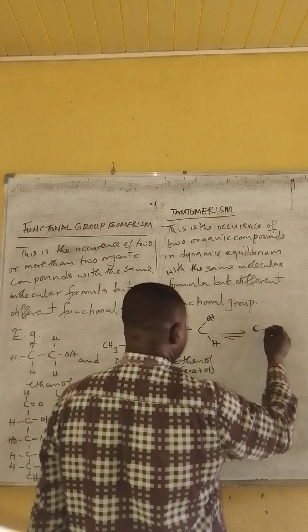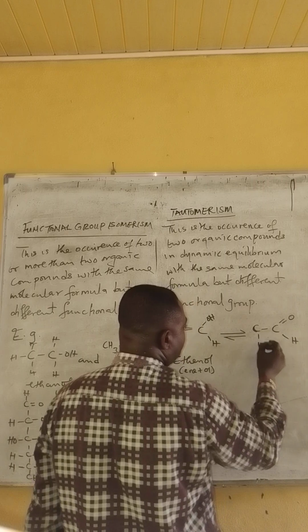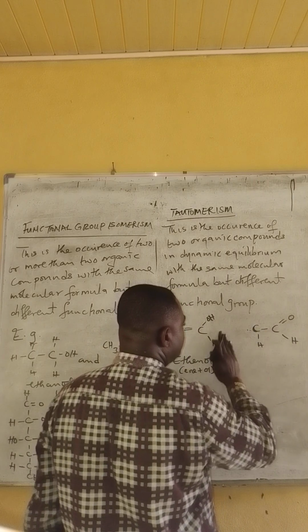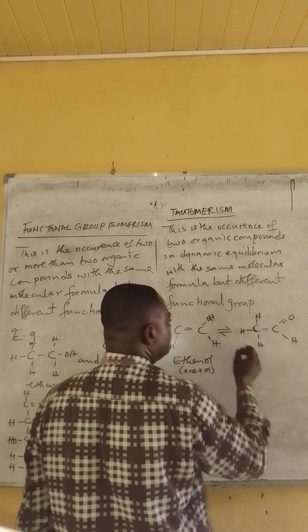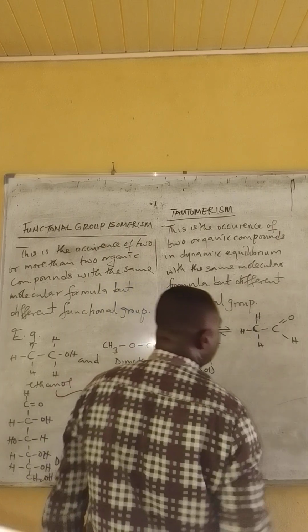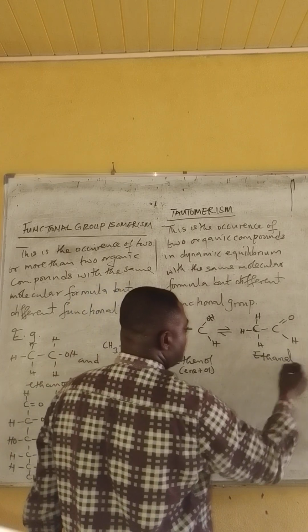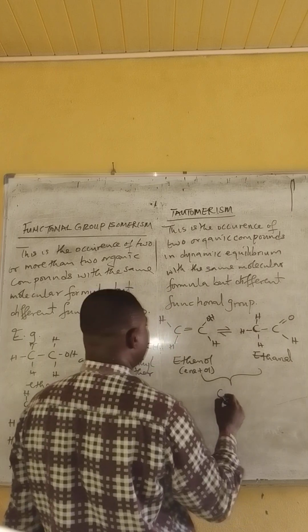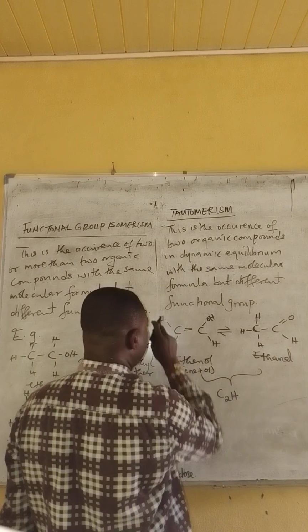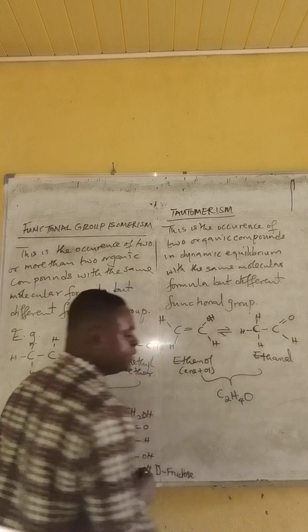Okay, let me do it well. Now, look at this. What do we mean by this? This is ethanal. The two of them have the same molecular formula of what? C2, H what? 1, 2, 3, 4. H4, 1 oxygen.